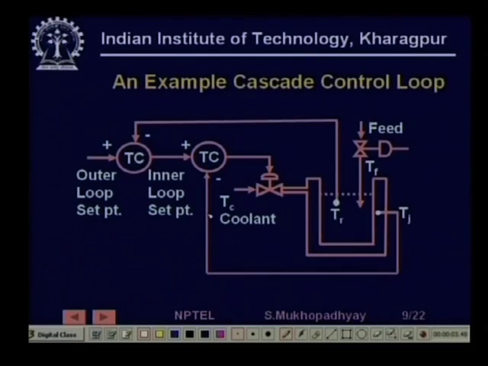Yeah. So what we have is, instead of that, a cascade control loop, where we are now incorporating this additional measurement called the jacket temperature, and we are feeding it back. So, this is my secondary loop, or inner loop, and this is my primary loop.